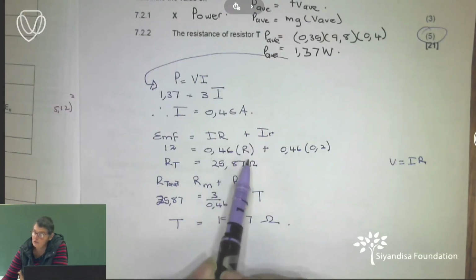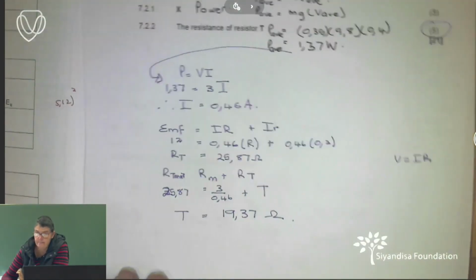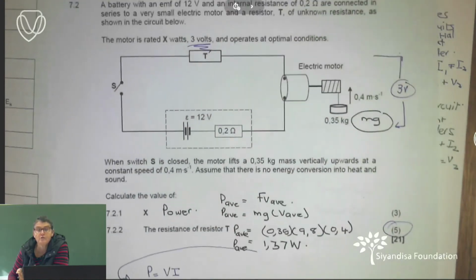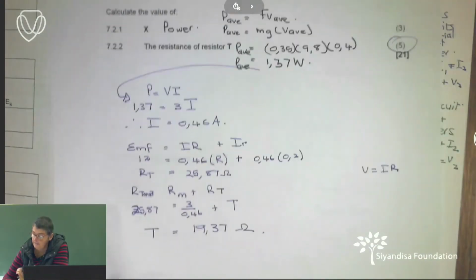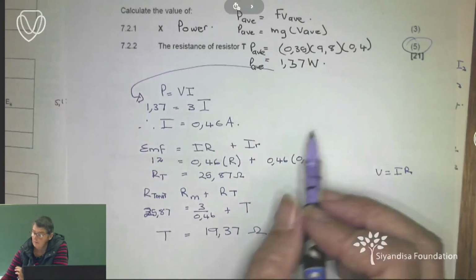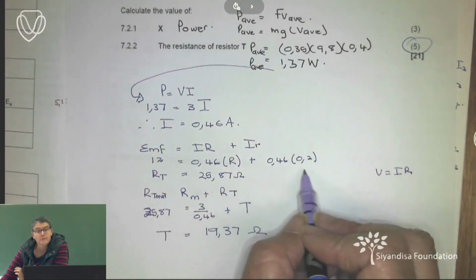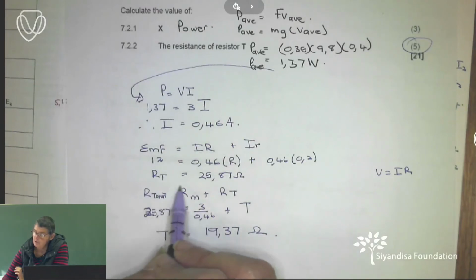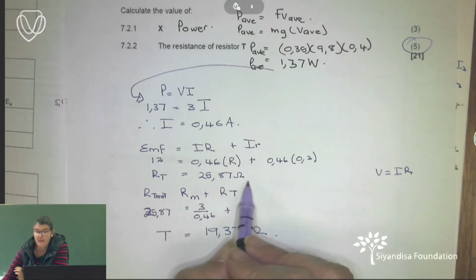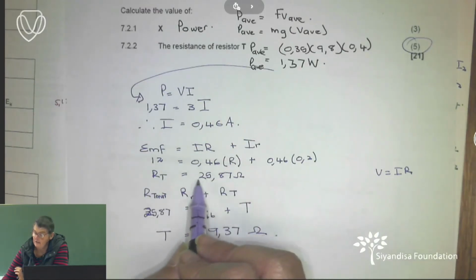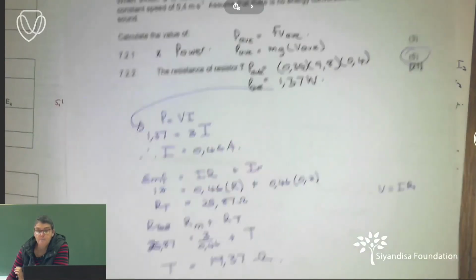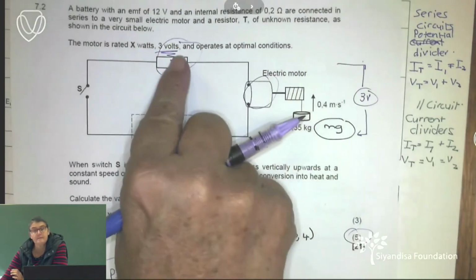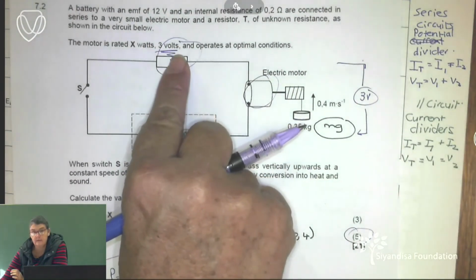And remember, my external resistance is made up of this one and that one, plus my internal resistance. So I found that my total resistance for the external part of the circuit had to be 25.87.